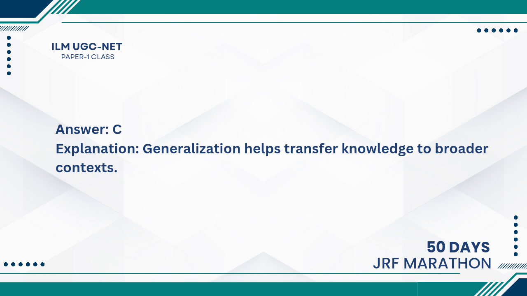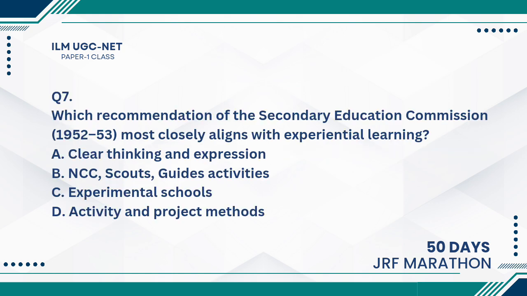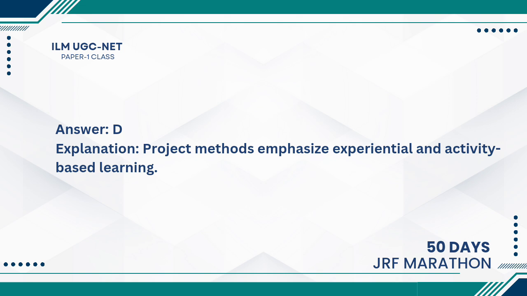Next is question number 7. Which recommendation of the Secondary Education Commission 1952-53 most closely aligns with experiential learning? And the options are clear thinking and expression, NCC Scouts Guide activities, experimental schools, activity and project method. So project method is that initiative which emphasized experiential and activity-based learning.